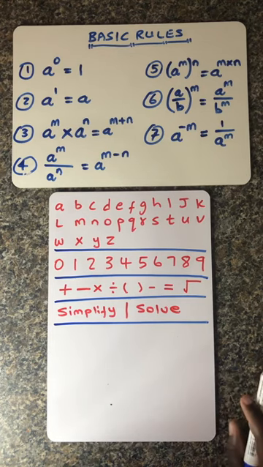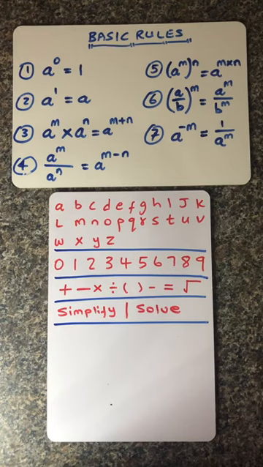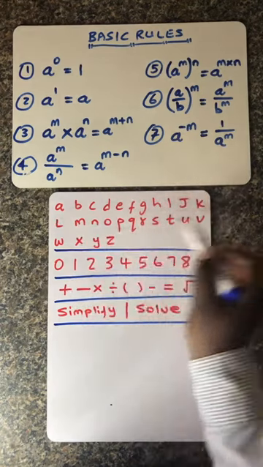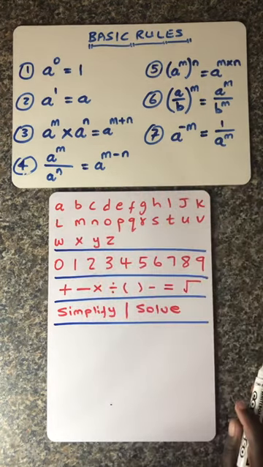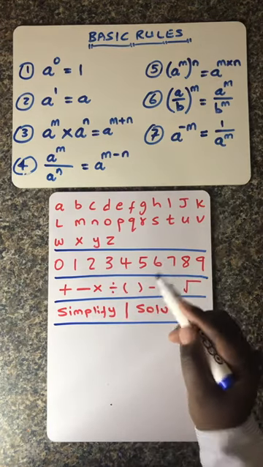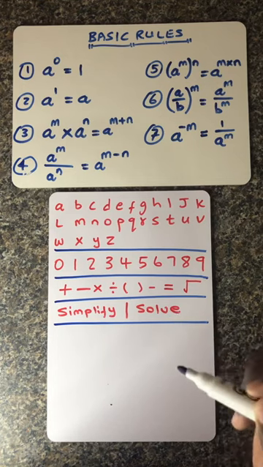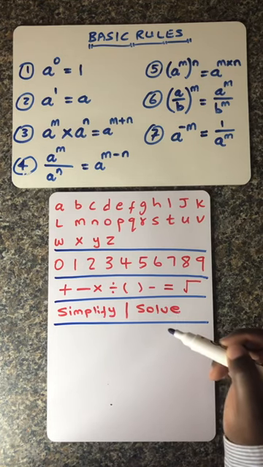Now, guys, I just want to bring it to your attention that every maths related question could be a simplification or an equation. They normally use letters to form equations, or to form maths related problems.